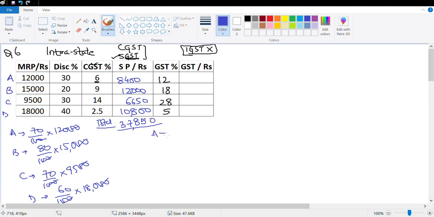So for A, GST will be 12 upon 100 into 8400. I have done this calculation earlier, so I'm just writing the final answer. This is 1008. For B, it will be 18% of 12,000. This is 18 into 12, that's 216, so 2160.